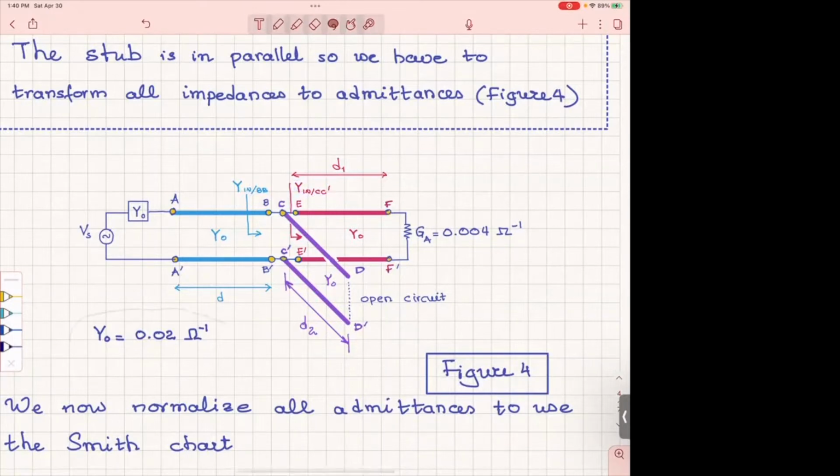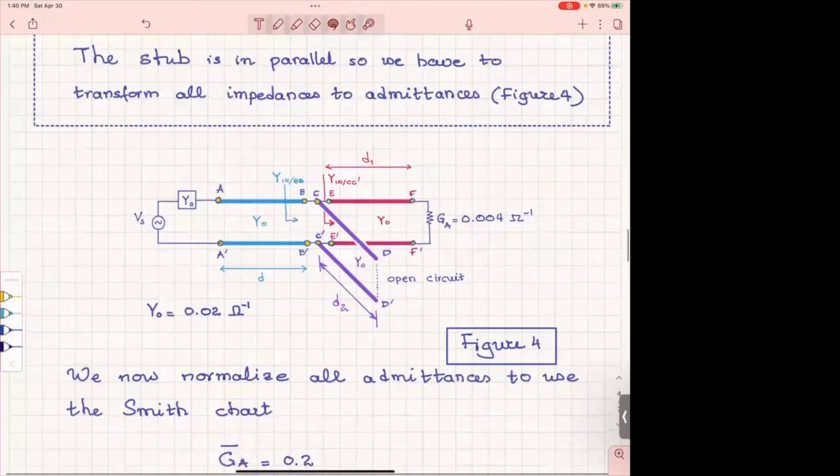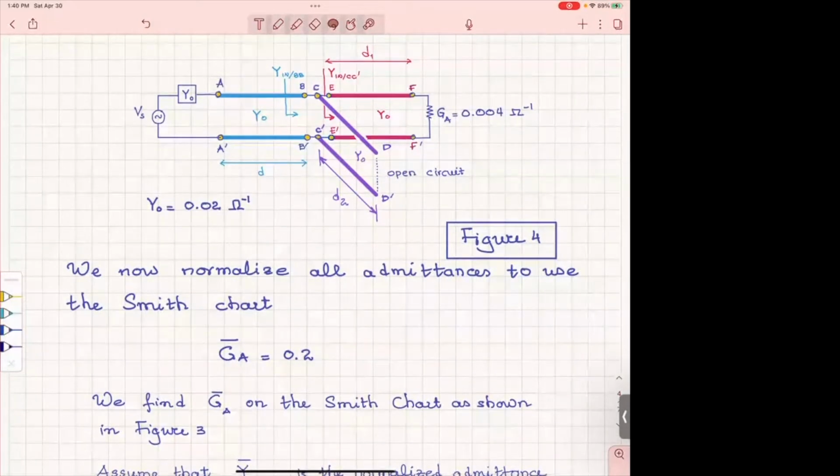And I also calculate that the characteristic admittance is the inverse of the characteristic impedance. So it's 1/50, which makes it 0.02 1/ohm.